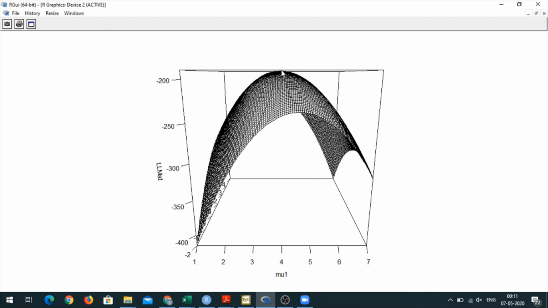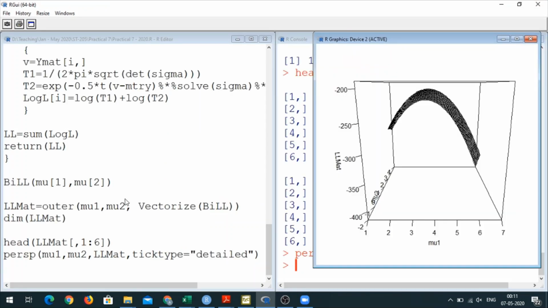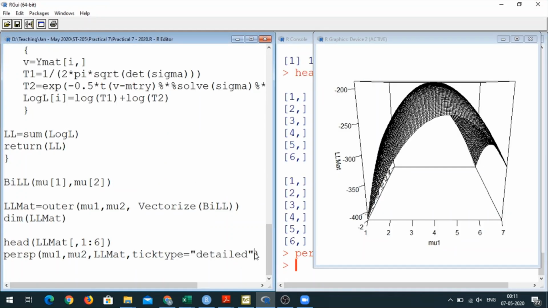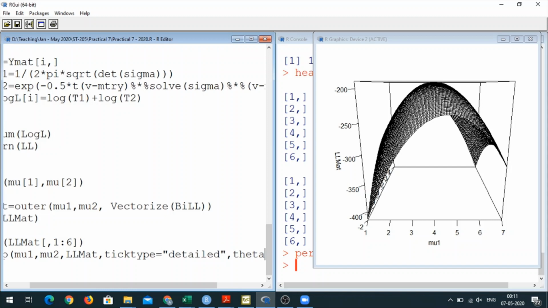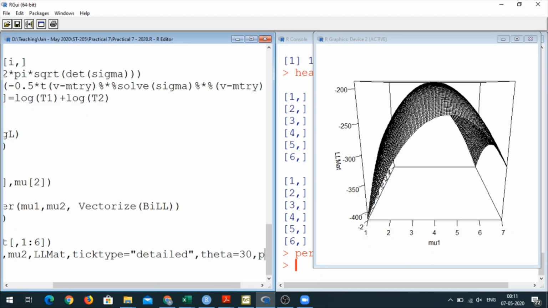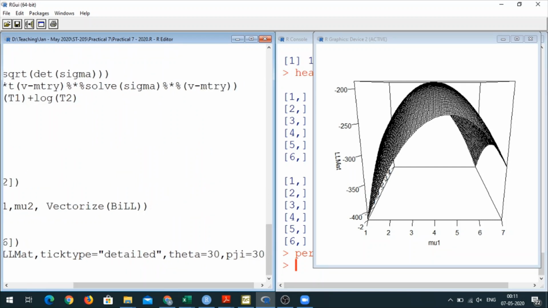So somewhere here we have the maxima. These are different ranges of mu1. These are mu2. Can you see here 1, 2, 3, 4? If we rotate, we will see a better version of it. And on the z-axis, we have log likelihood. So if I take theta equal to say 30 and phi equal to 30, let us see what happens.